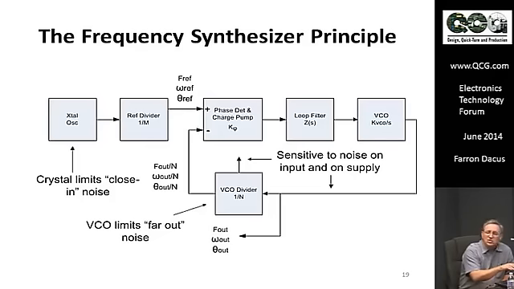Now, this is no different than any other basic control system you've seen, with one intuitive problem you've got to overcome, which is that they treat phase and frequency as small signal variables. You're used to thinking of voltage and current as small signal variables, but in a phase lock loop, it is phase that is the primary small signal variable.